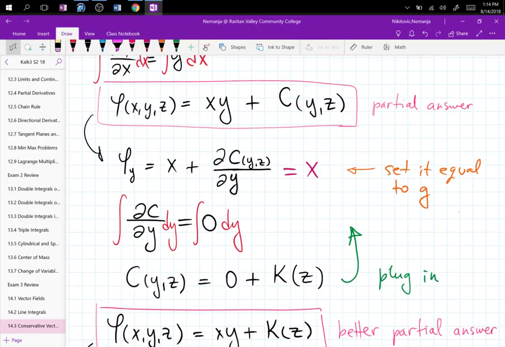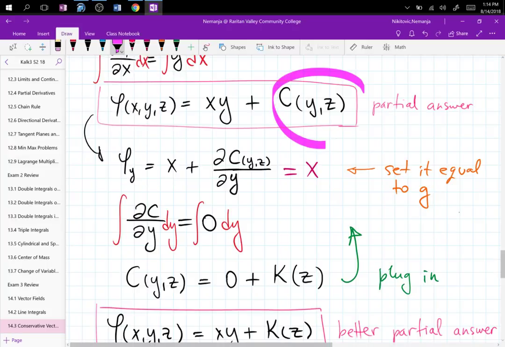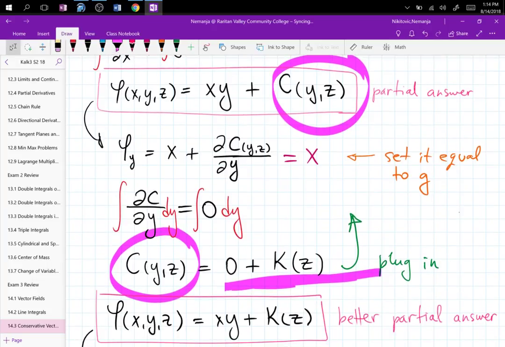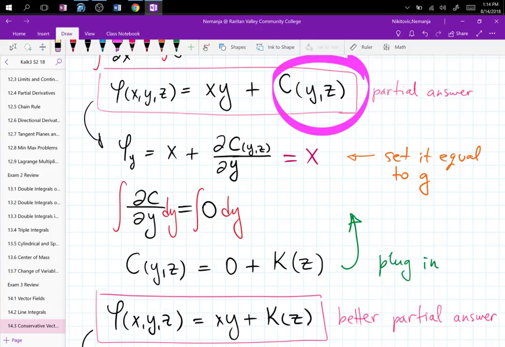So now you have that this function c is equal to this. You plug that in there to get the function below. So we reduced our c of y, z into a function k of z only. And then we do it one more time, the partial derivative with respect to z this time, and that calculates k of z, and we are done.